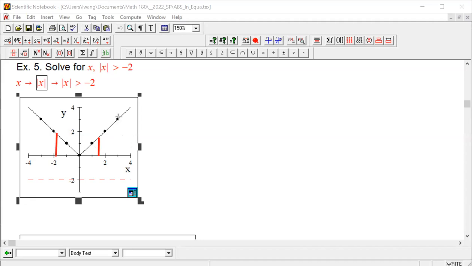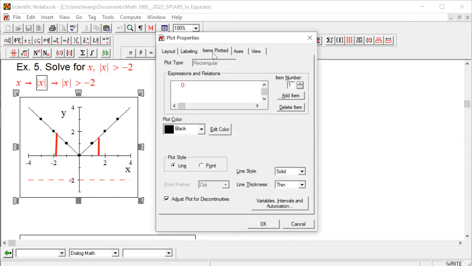In other words, every output is larger than -2. So what do you think will be the solution? The solution is all real numbers. You don't really need the horizontal line you drew there.